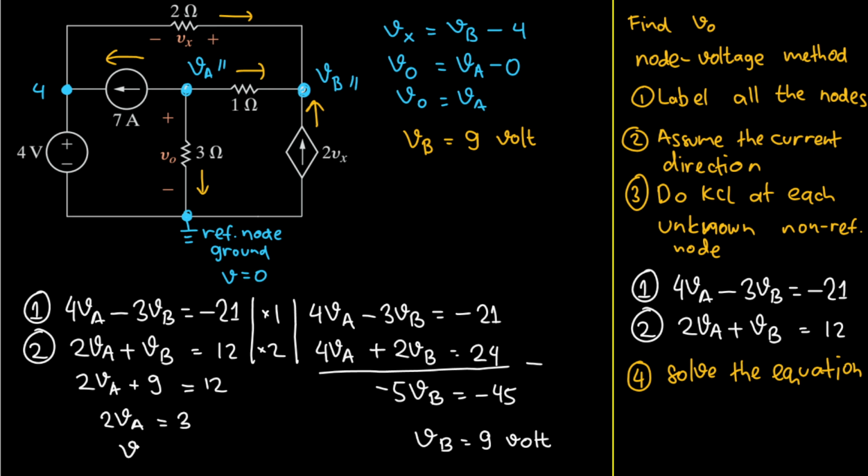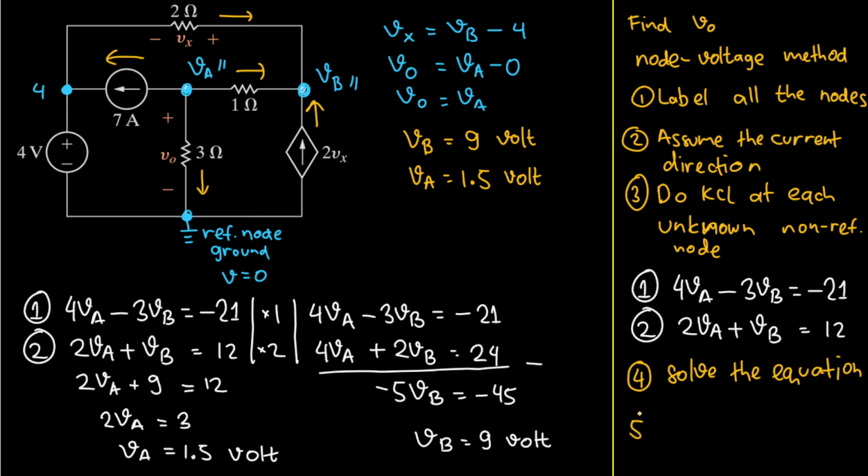So VA is 3 divided by 2, which is 1.5 volt. So we know that VA is 1.5 volt, but that is not what the question is asking.